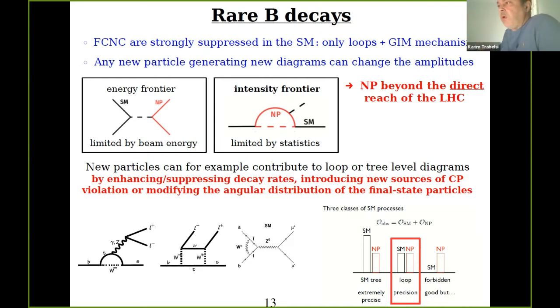There is also, especially when it's possible, not in B to S gamma but in B to SLL, most certainly Guy in his lecture on LHCb will show much more detail of angular analysis, where in B to SLL we also study possible departures from the Standard Model.